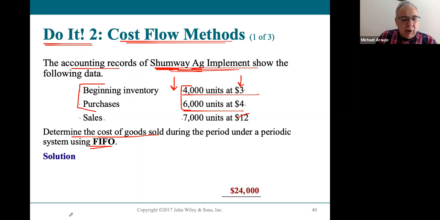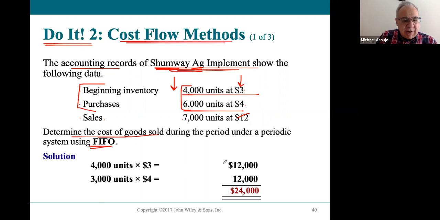So your total amount of cost is $24,000 for this particular company using the FIFO method. Again, first one's in, those 4,000 were in first, so they're part of their cost. They went out first. 4,000 is 3,000 short of where you need to be, so you need another 3,000. However, this purchase was $4 each. Just so happens that it all equals out here.